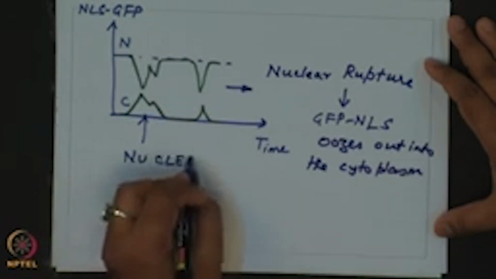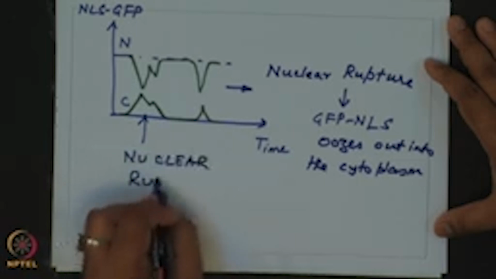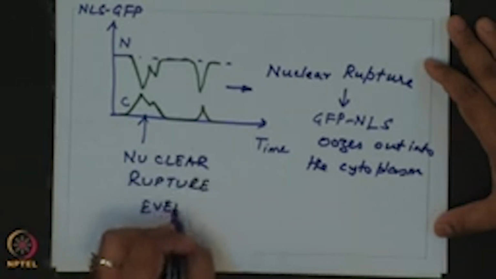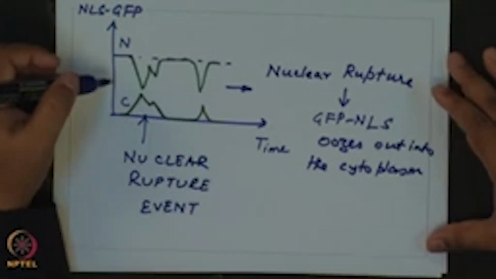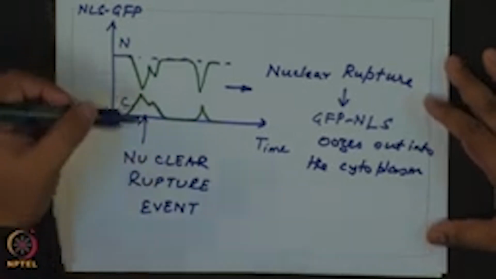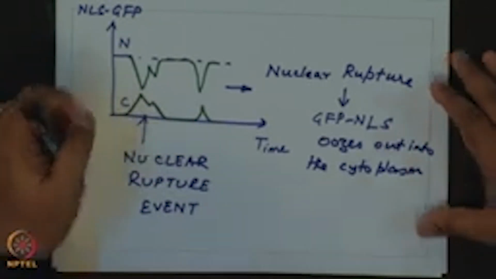Okay. So, this event is a nuclear rupture event. So, this proved that confined migration can indeed lead to nuclear rupture events. Okay.